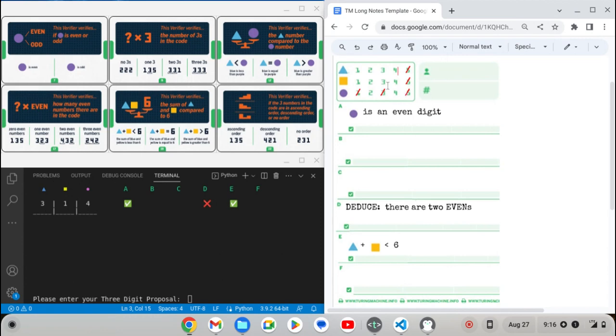So let's see. But how do you guarantee you want triangle to be less than circle? So that would have to be 4. So why can't triangle be 3?